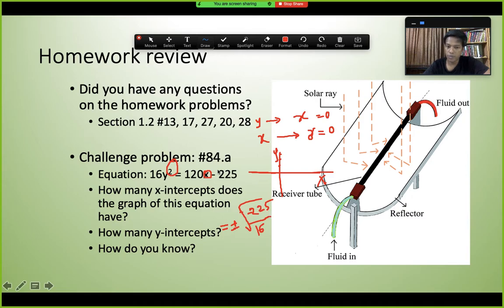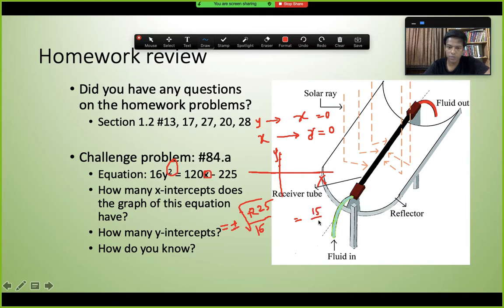But normally, suppose this value is plus. Just suppose. Then how many answers are coming? Two answers. One is positive, the square root of 225 divided by 16, which is 15 divided by 4.